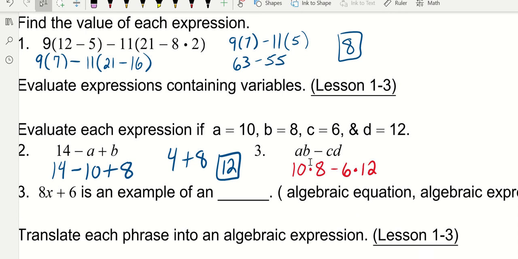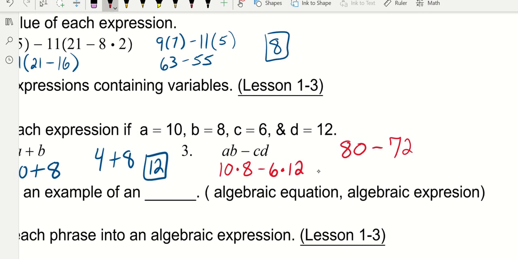We're going to work the multiplication first. 10 multiplied by 8, that is going to be 80. 80 minus, let's see here, 6 multiplied by 12, that's going to give us 72. 80 minus 72 is going to leave us with 8. There we go.